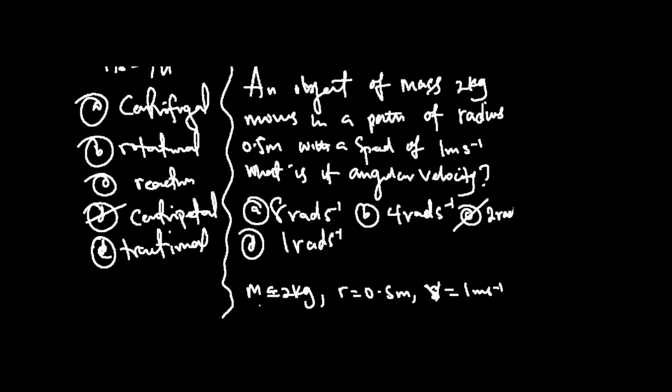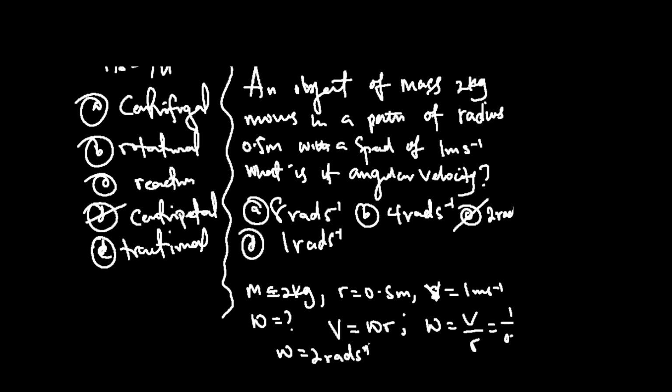So what is the angular velocity? We don't know it, but we know that linear velocity is angular velocity times the radius. Therefore, angular velocity is velocity over radius. Our velocity is 1, so you have 1 divided by the radius, which is 0.5. So 1 divided by 0.5 gives you 2 rad per second. You get that now? Yes, sir.